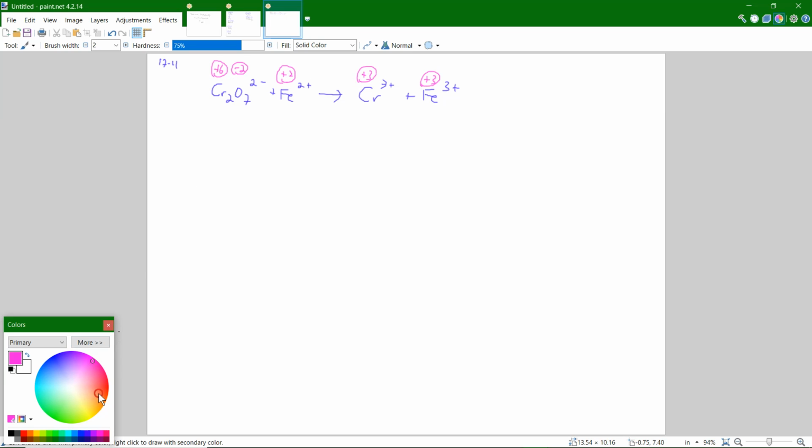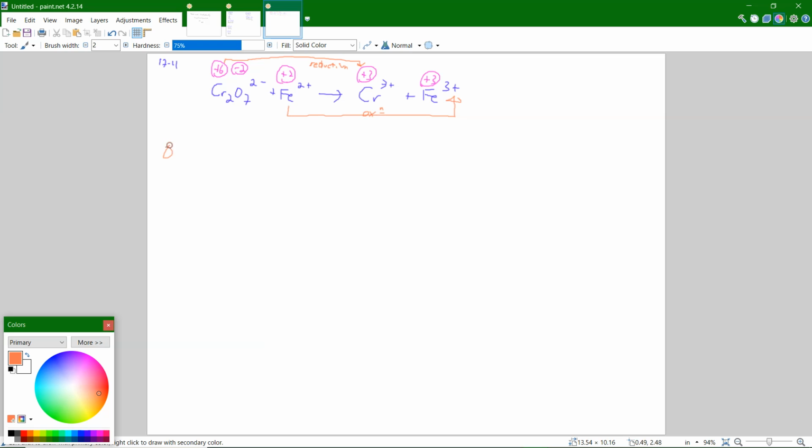Now we want to decide what's oxidized and what's reduced. Chromium goes from plus 6 to plus 3, so that is reduction. Ooh, that was cool what I did there, wasn't it? And iron goes from plus 2 to plus 3, so that's oxidation. Typically, the oxidation numbers are written with the algebraic sign first and then the number, whereas the actual charges are written as a number and then an algebraic sign.